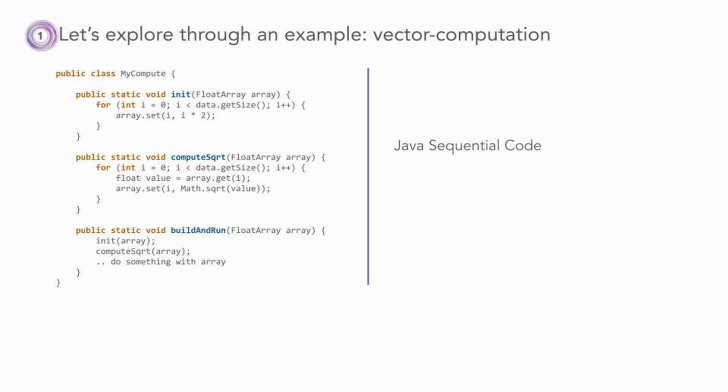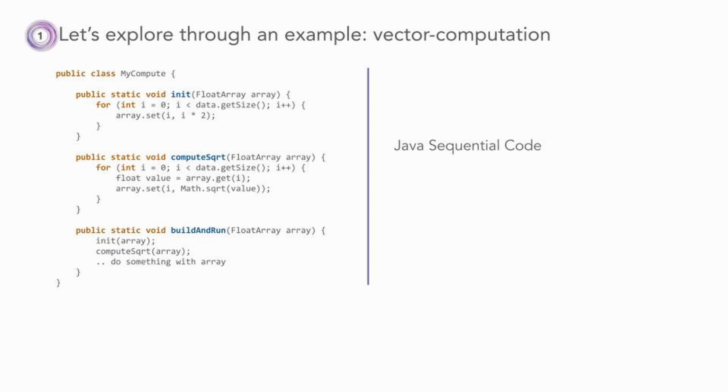So the TornadoVM API provides types for 1D, 2D, and 3D arrays, as well as images, volumes, and explicit vector types, for example, float 8. For this tutorial, we're going to stay with the float array, but feel free to scan the whole documentation and collection of the TornadoVM API. I will put a link down below if you want to explore this.